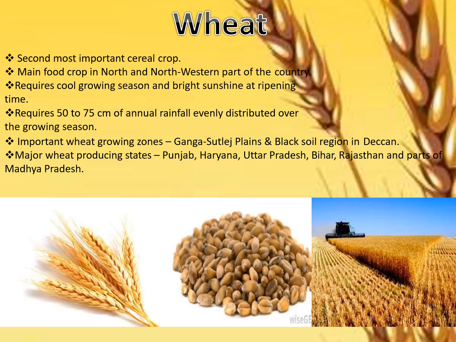The important wheat growing zones include Ganga-Satluj plains, black soil regions of the Deccan. The major wheat growing states are Punjab, Haryana, UP, Bihar, Rajasthan, parts of Madhya Pradesh.